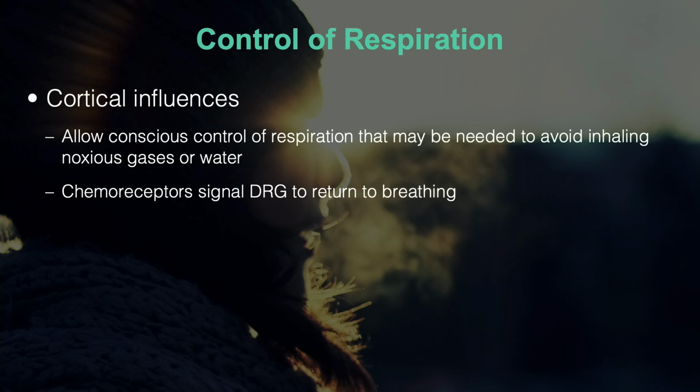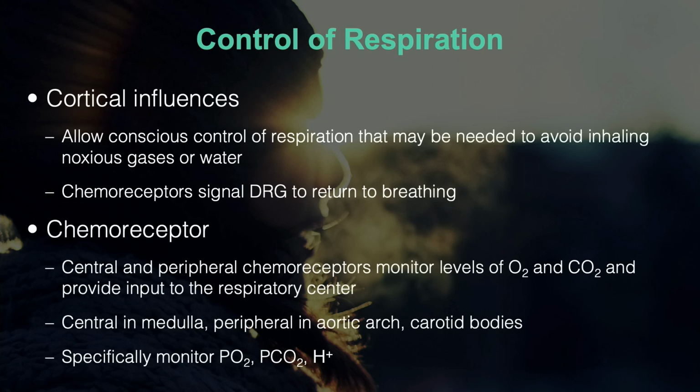So the signals are chemical, and they can override the cortical influences on the dorsal respiratory group, or either respiratory group. And it's always monitoring and sending information on blood gas concentrations, O2 and CO2. Because that's the point of breathing, right?